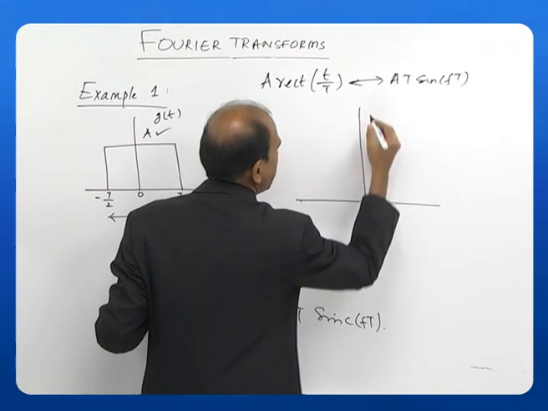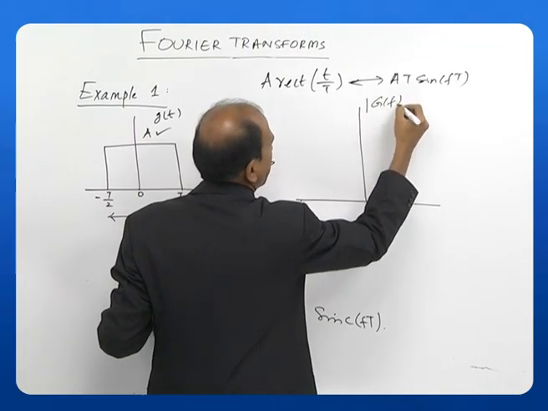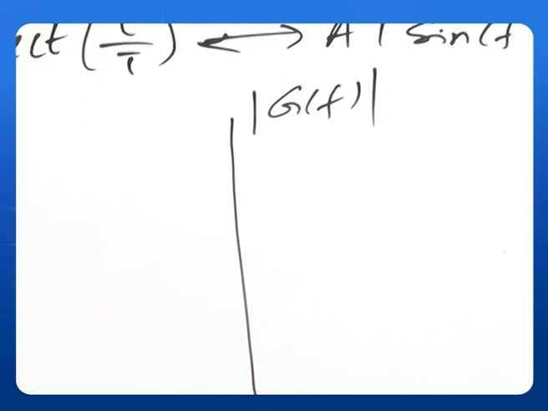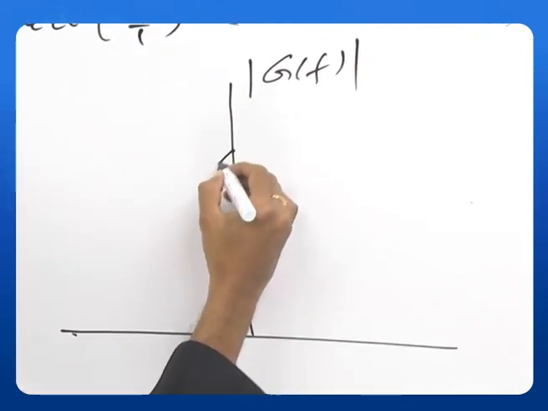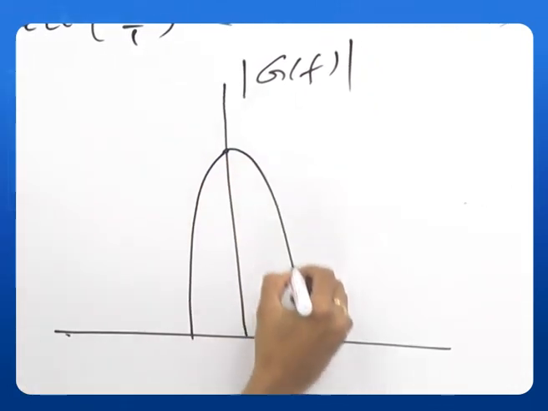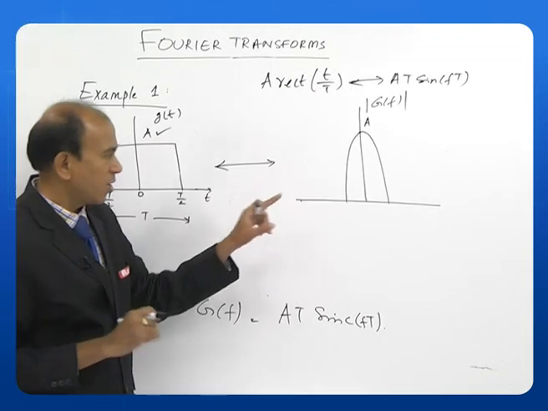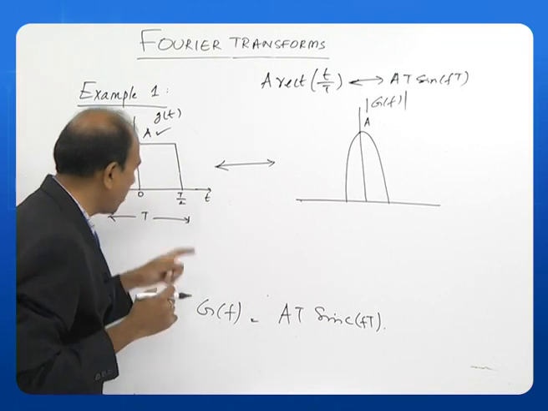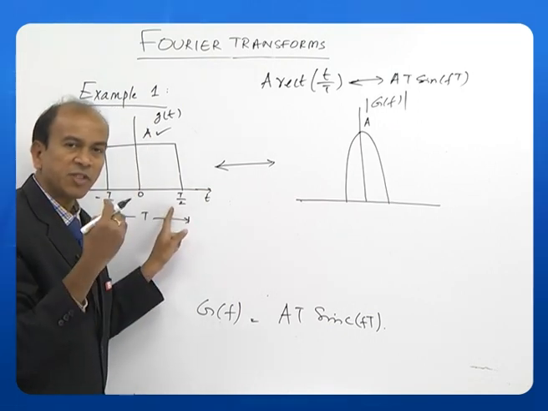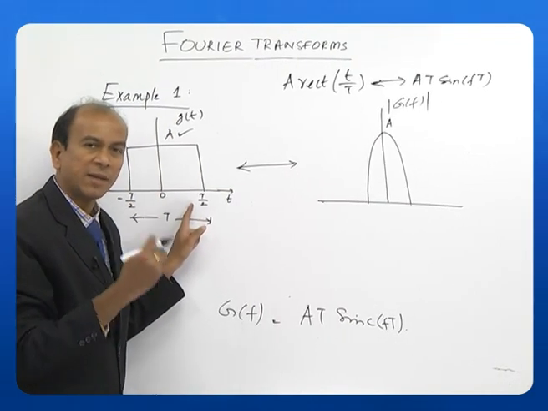Now, the sinc function, let us take this is the amplitude of this. So, what will be the first amplitude? Sinc function first amplitude will be equal to a, which is this. Now, the first crossover will occur at what place? T by 2. That means, the first crossovers will happen at plus or minus t by 2.